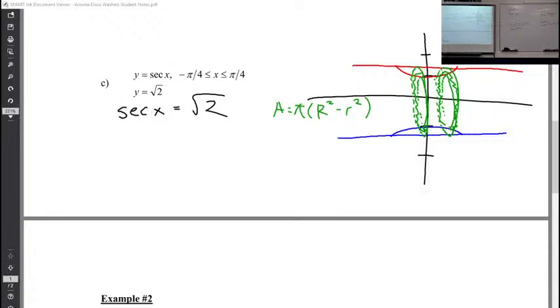Now, we also need to figure out what our bounds are. That's what the secant of x equals square root of 2 is going to help us find. Because I want to know where these points of intersection are in the left bound and the right bound.